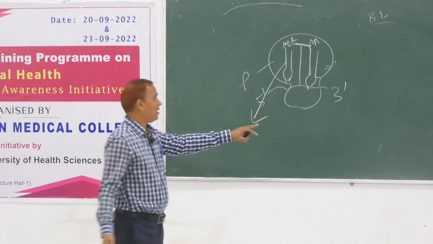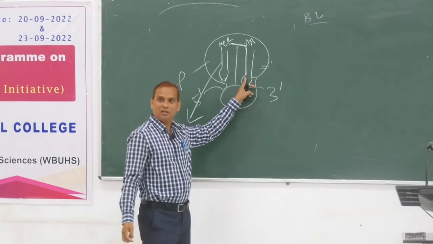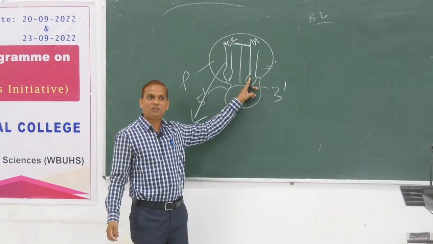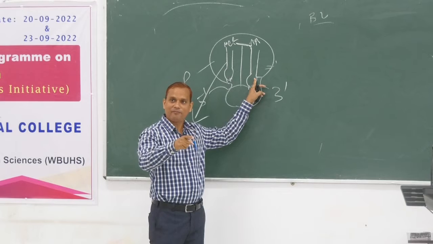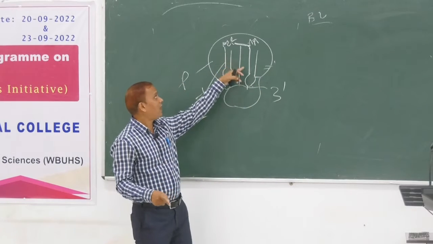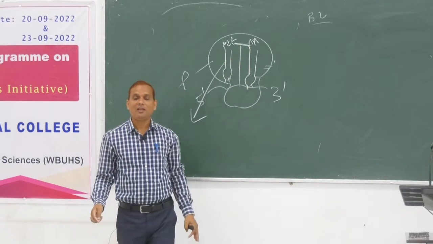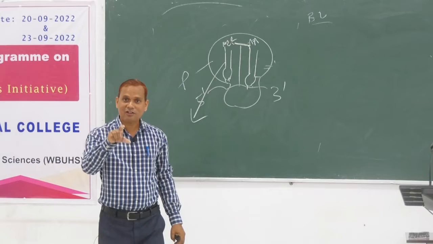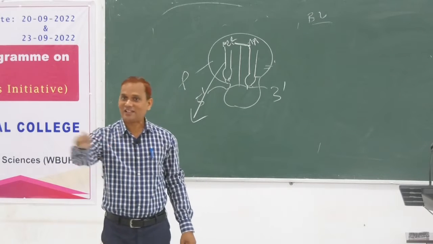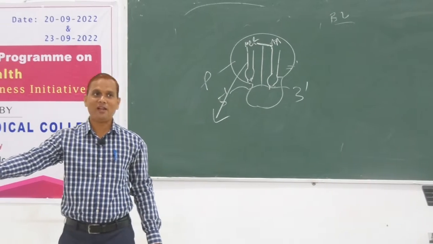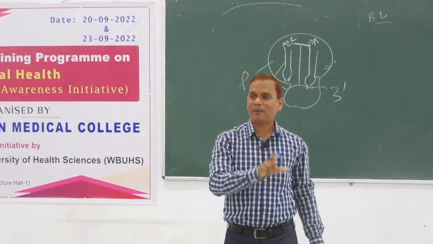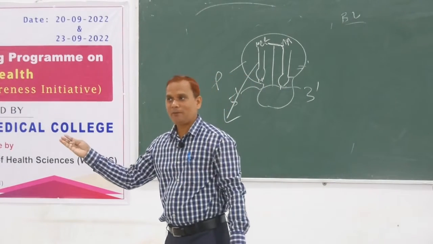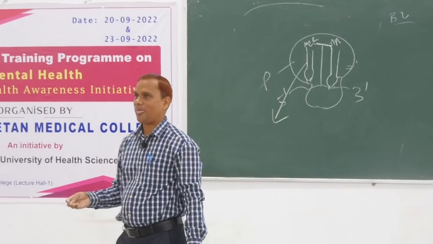Puromycin will enter the A site. It is the analog of the tRNA. It will bind here. After binding, what will happen? It is an analog with the same structural formula, but not exactly the same. So what will happen? That premature peptide chain will be released.